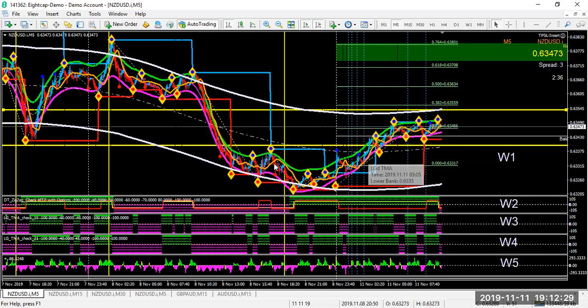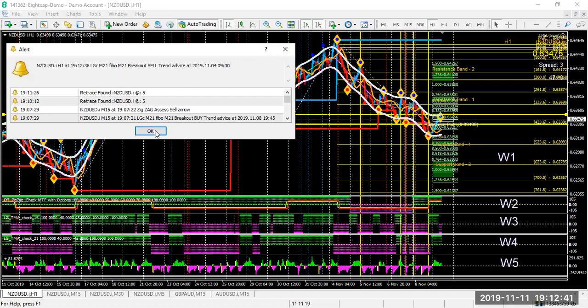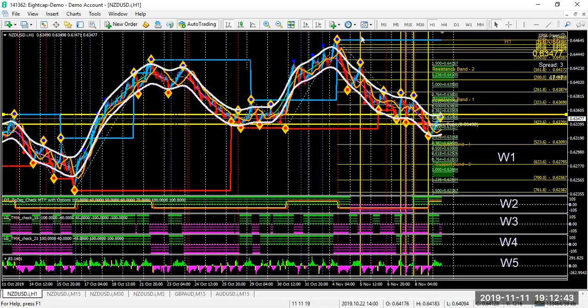So with this multiple time frame and multiple chart on our screen, we can navigate very safely and profitably with confidence in any market. Okay, because what you're looking at, let me just remove these yellow lines.